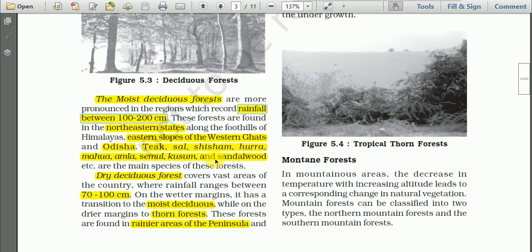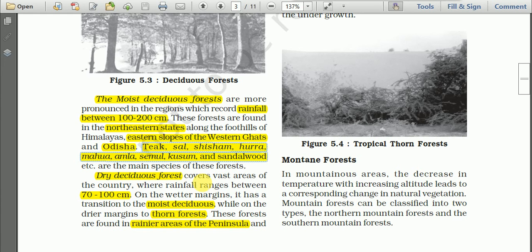These forests are found in the northeastern states, along the foothills of the Himalayas, then the eastern slopes of the Western Ghats, then Odisha. Teak, sal, sesam, hura, mahua, amla, semul, kusum, sandalwood, etc. are the main species of this forest.